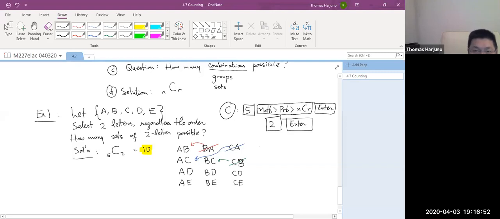Finally, DA already counted, DB already counted, DC already counted, DE is not counted yet. Now, so those 10 refer to these 10 here: 1, 2, 3, 4, 5, 6, 7, 8, 9, 10. Those are the 10 we talked about.